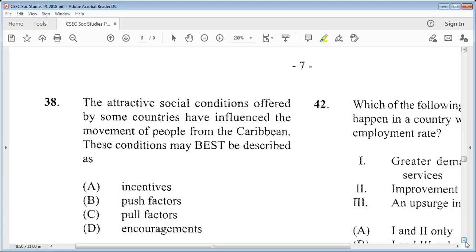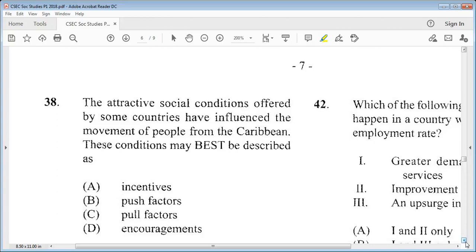What are push factors? Well, we know push factors are reasons for people to leave a place to seek better conditions. So the reasons why they leave a place.